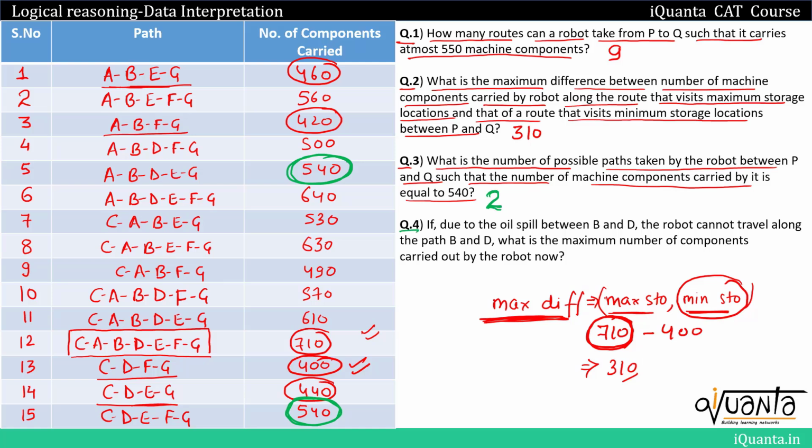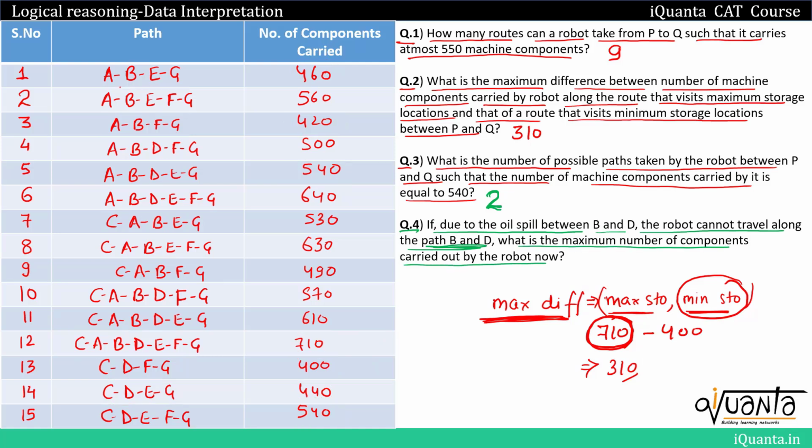Fourth question is, if due to an oil spill between B and D, the robot cannot travel along path B and D, what is the maximum number of components carried by the robot now? So now we cannot travel along the path BD. So from all the possible routes, let us remove the routes in which path BD was involved.